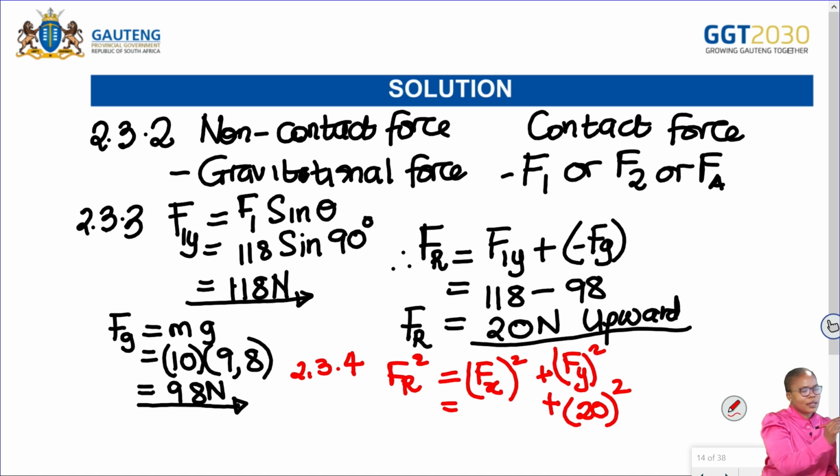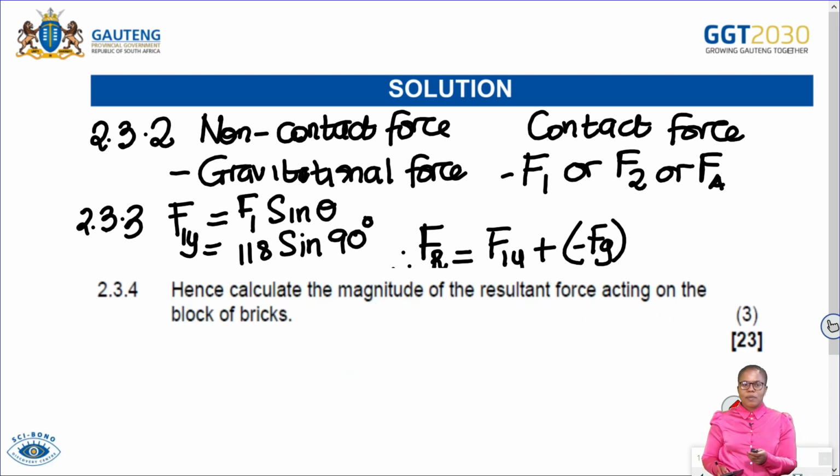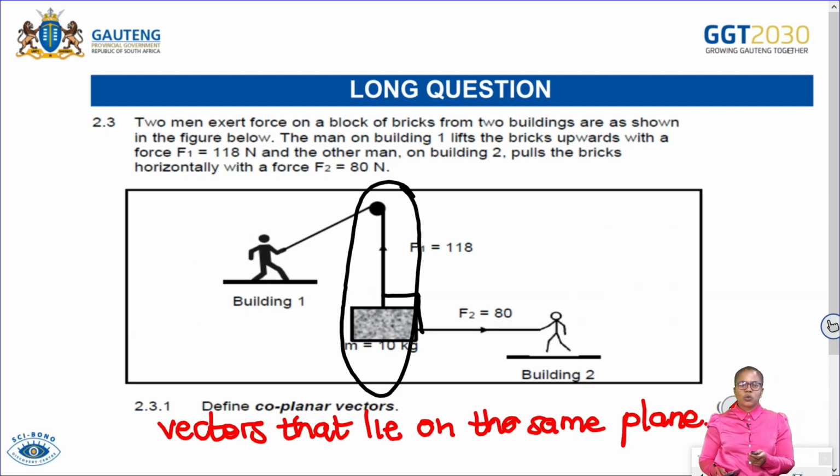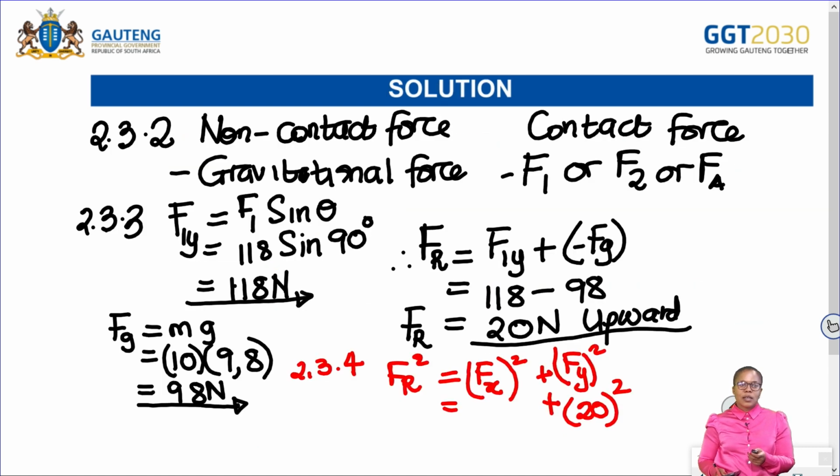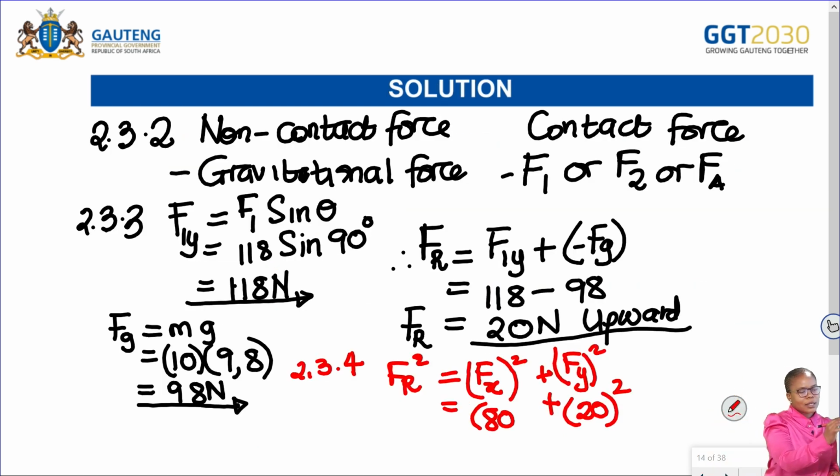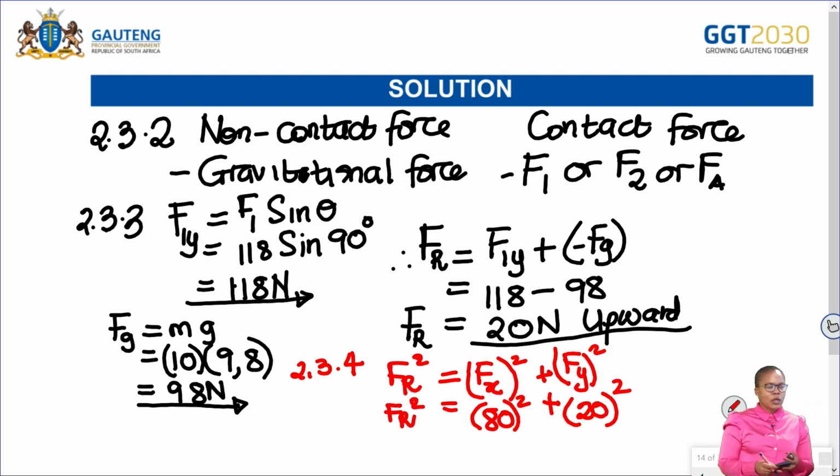So this is 20 squared. And here, just to go back and remind you, your F2 is what? Is your 80 newtons. Okay, so over here, you've got your 80 squared. Not forgetting this is still your FR squared. Okay, so you're going to have your 80 squared plus your 20 squared, which is going to give you 6,800.